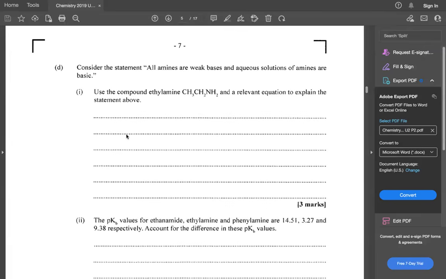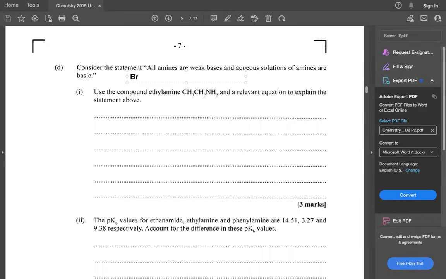Okay, so for part D, they're asking us to consider the statement that all amines are weak bases and aqueous solutions of amines are basic, right? So first of all, I guess we just have to refresh ourselves on what a base is, right? And a base, according to Bronsted-Lowry theory, right?